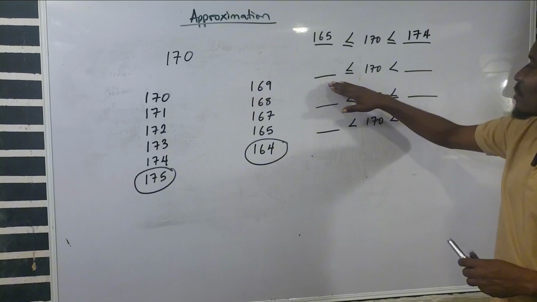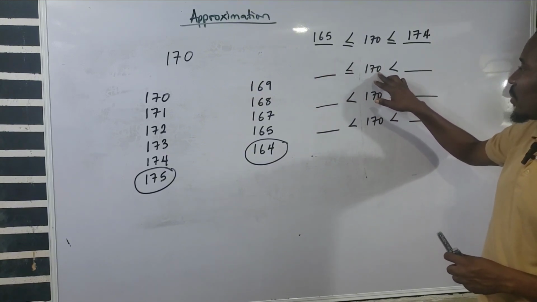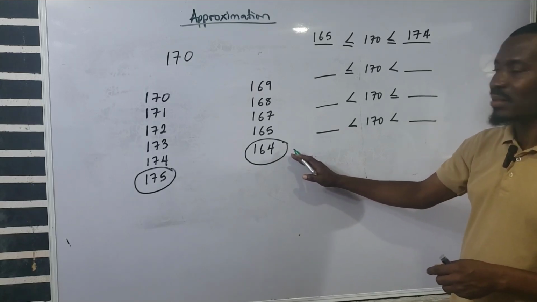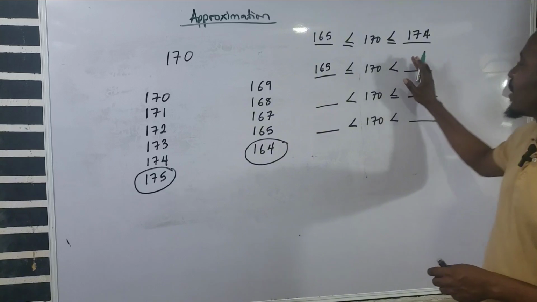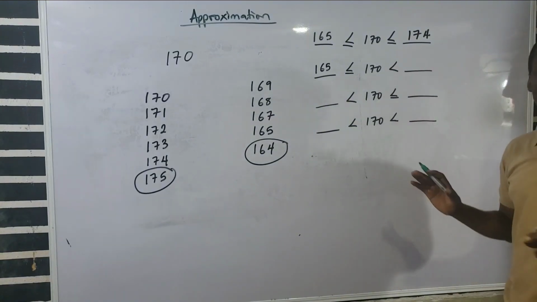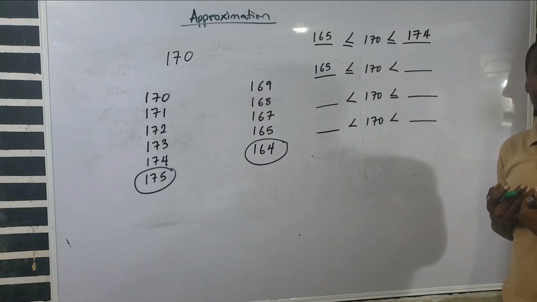Now coming to this one, a number that is less than or equal to 170, from the lower boundary, we can have it as 165. Then for this, it is strictly less than. That number has to be less than the actual number I can approximate.